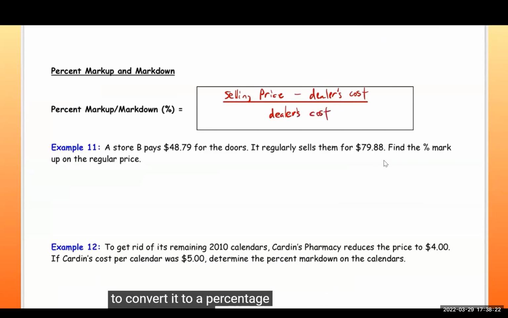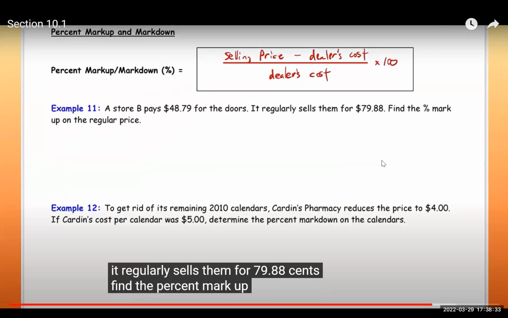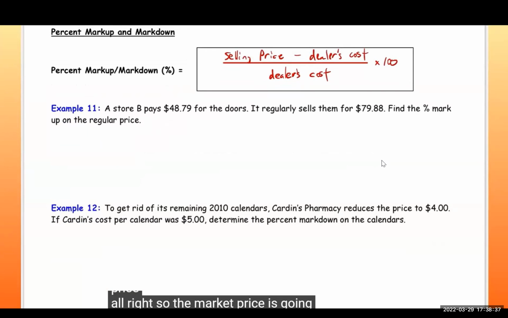All right, so store B pays $48.79 for the doors. It regularly sells them for $79.88. Find the percent markup on the regular price. All right, so the markup price is going to look like this.